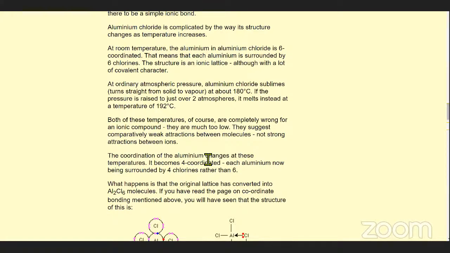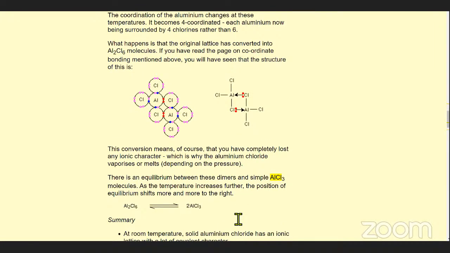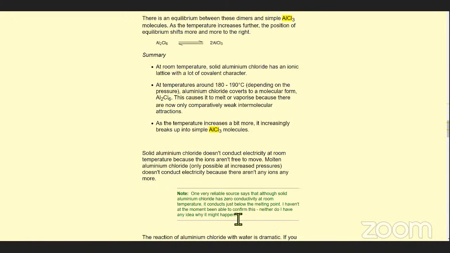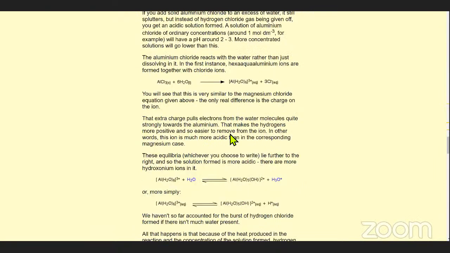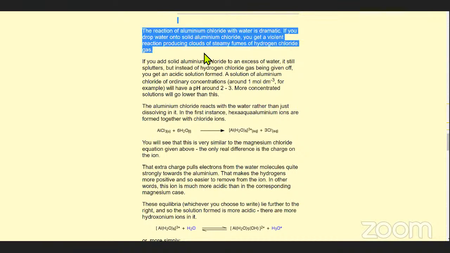So that's probably one of the reasons, because the hydrolysis of AlCl3 and the hydrolysis of SiCl4 are very similar. It also forms fumes, but we covered that the reaction of aluminum chloride with water is dramatic. If you drop water onto solid aluminum chloride, you get a violent reaction and it produces clouds of HCl.